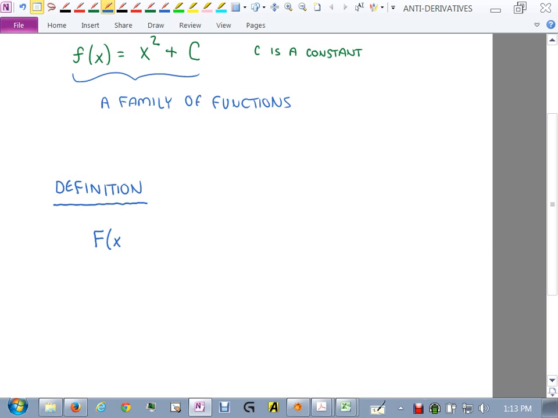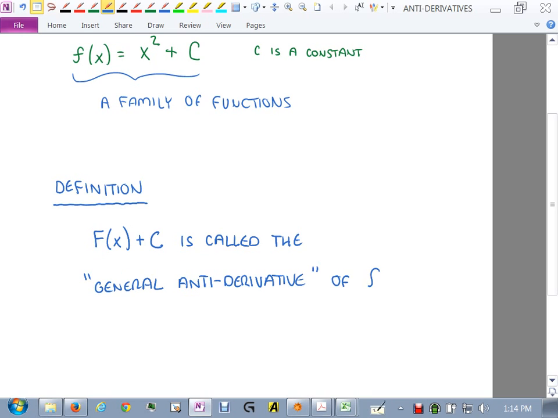Capital F of x plus c is called the general antiderivative of little f of x if the derivative of capital F of x equals little f of x.